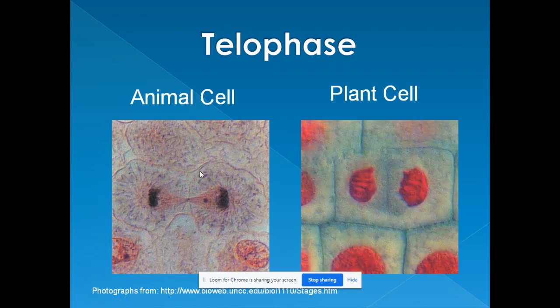In a plant cell, you can see telophase happening. So the new nucleus on one side and the new nucleus on the other side. Look at this picture. The cytokinesis is also happening here, but instead of squeezing the cell, it's impossible to squeeze the cell because of the cell wall, which is a very rigid structure.